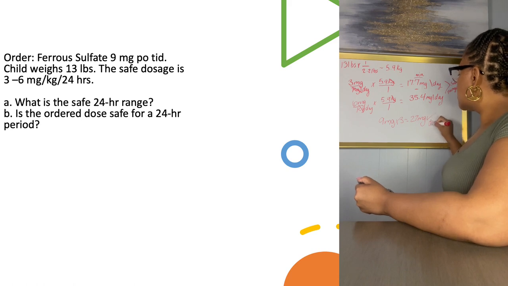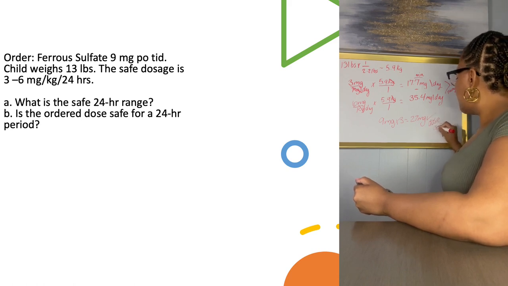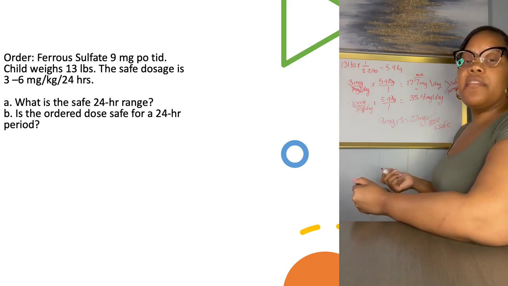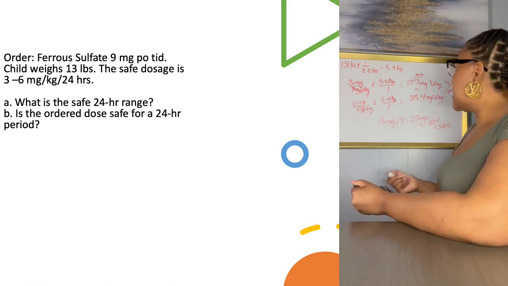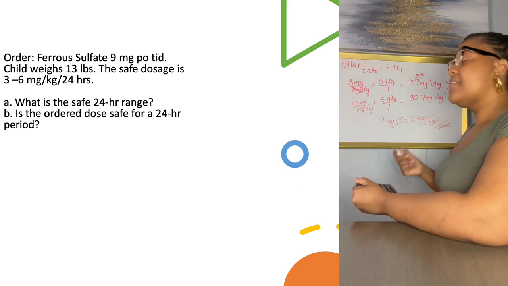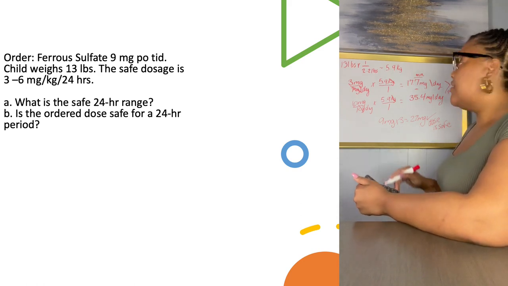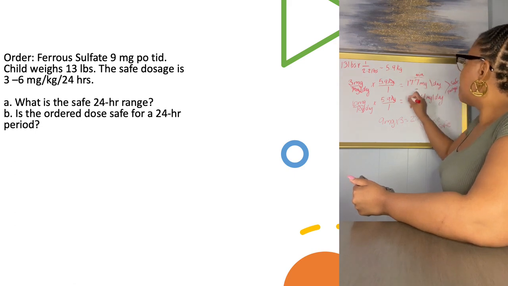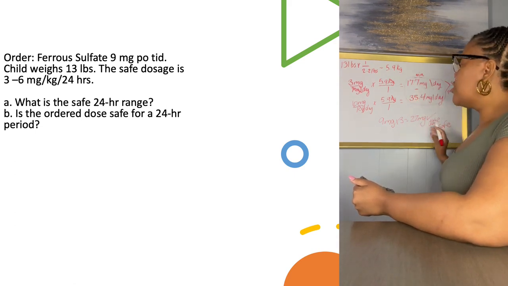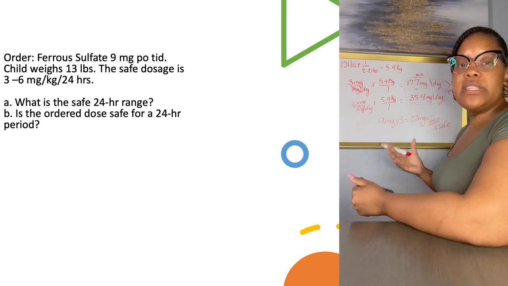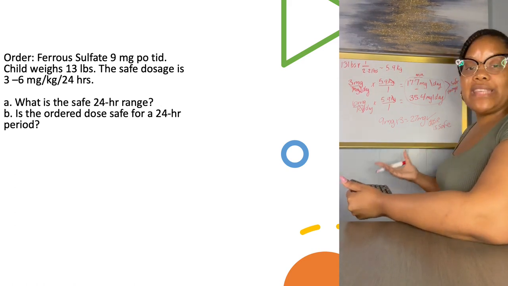So this dose is safe. If the answer was 37, the dose would not be safe. If the answer was 17, the dose would not be safe. So you get your range first. You got to get your range first to be able to tell if the dose is safe or not.